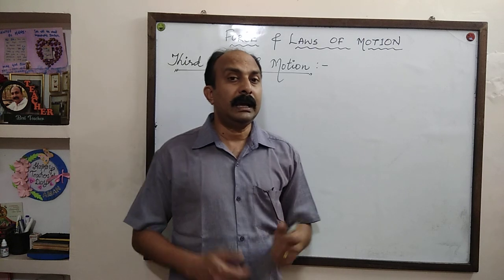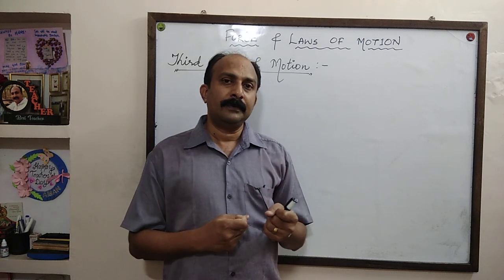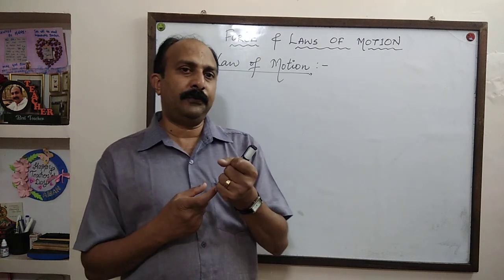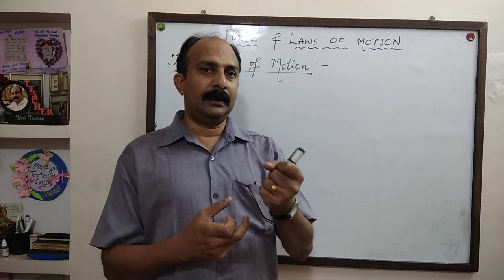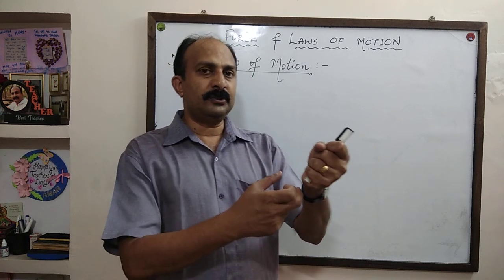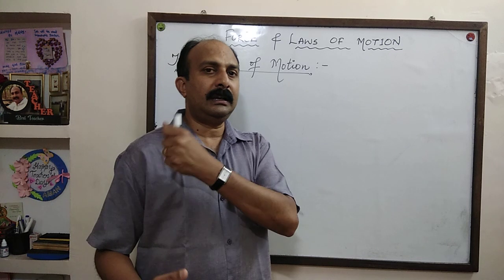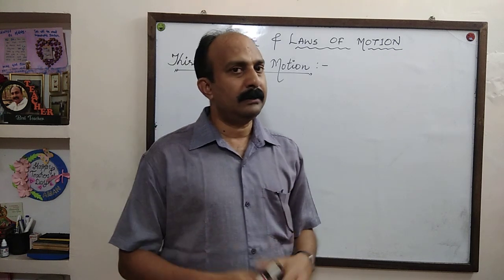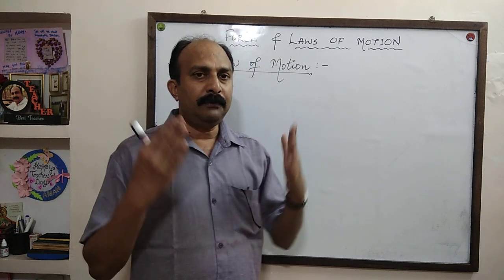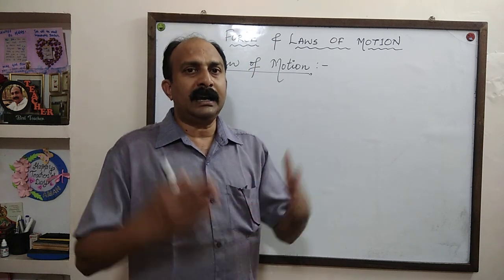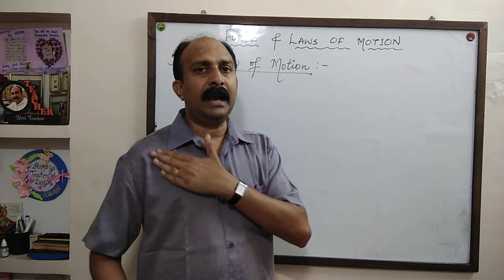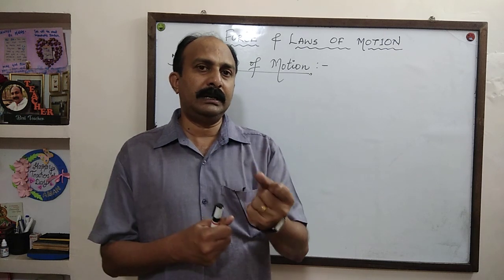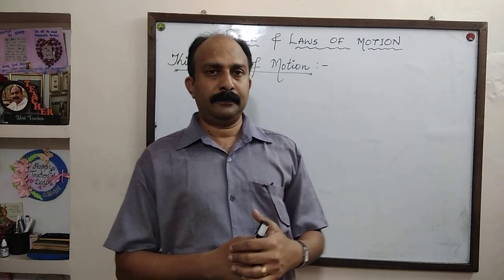Have you heard about recoiling of gun? When a bullet is fired from the gun, especially a rifle, the gun moves backward. It will give a jerk. Those who have fired might have felt it. You can very easily feel that heavy jerk back on your body when a bullet is fired from a rifle.